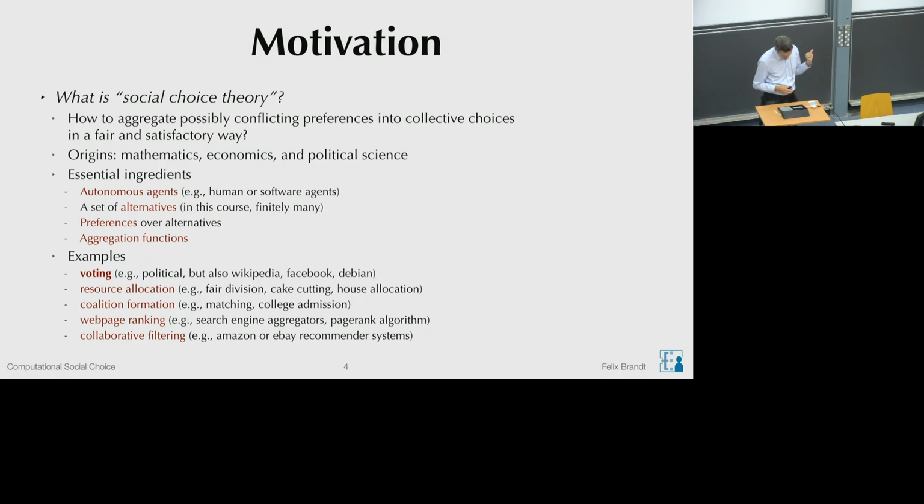Here it's also mentioned that matching or coalition formation can be considered a special case of voting. At TUM, for instance, we have this matching system that matches students to courses. You can consider this a special case of the social choice problem, because if you define the set of alternatives to be all possible matchings, so all possible configurations of students assigned to different courses, then students, of course, have preferences over these alternatives.